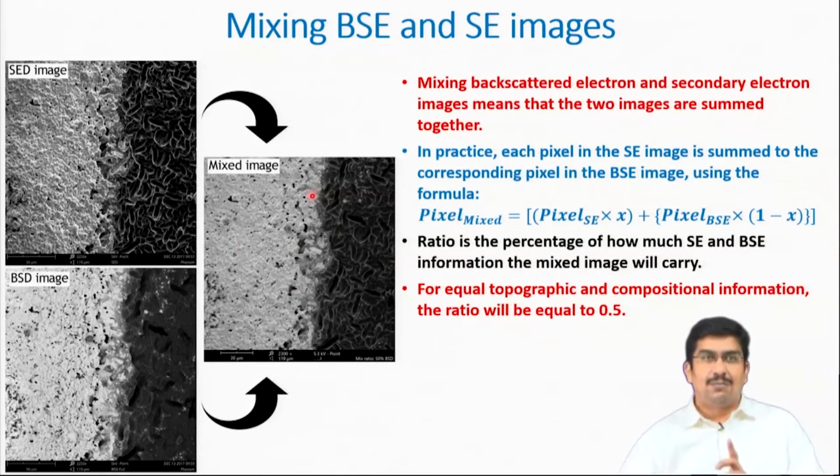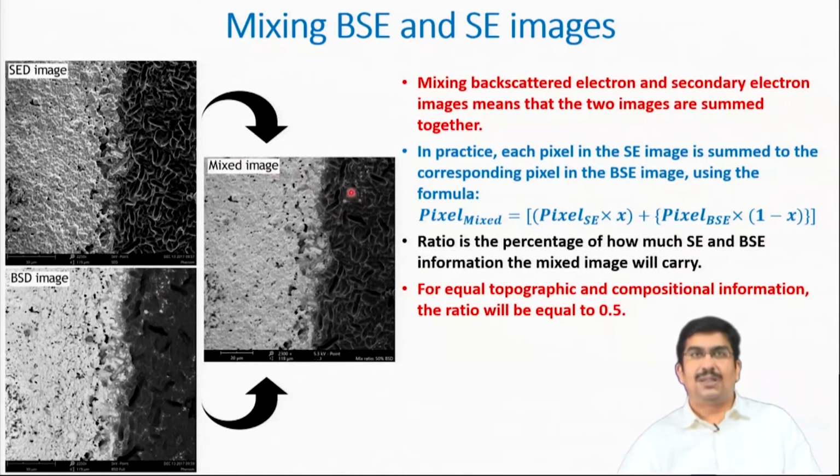And the most important thing here: if you look at only the SE image with the topography, you basically miss these few nodules here, which are not visible in topographic mode, but are very nicely visible in the compositional mode. But in the compositional mode, you are not able to figure out exactly what shape they are, whether spherical or irregular.